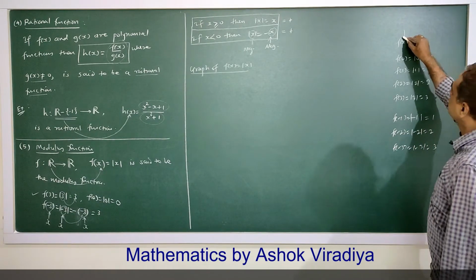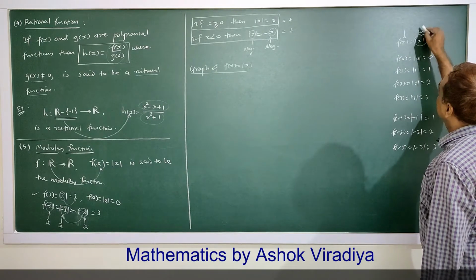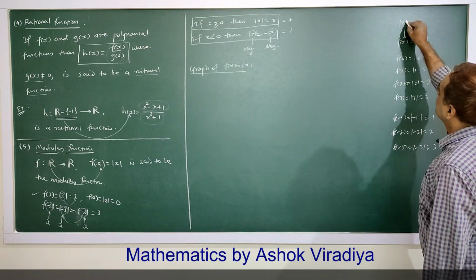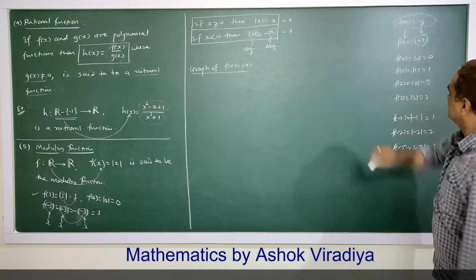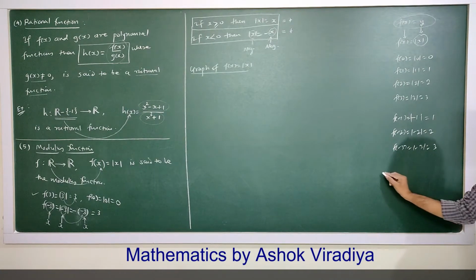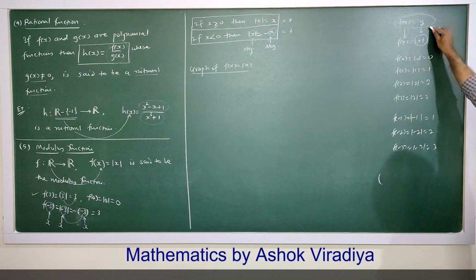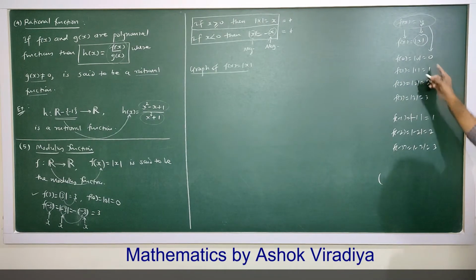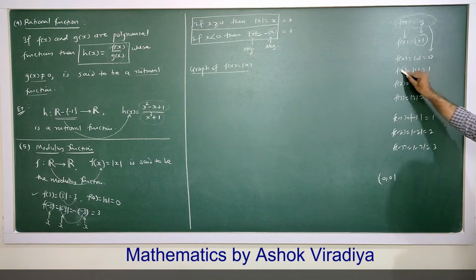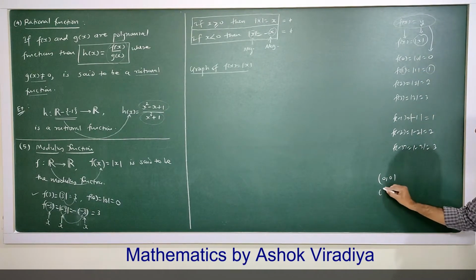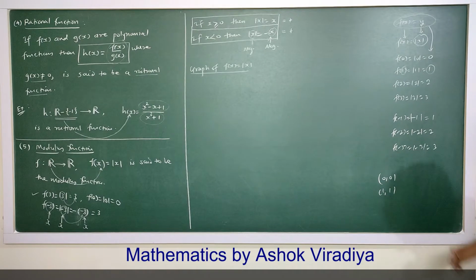This is x, this is y. f(x) equal to y. So x coordinate 0, y coordinate is 0. If x coordinate is 1, y coordinate is 1. Image of 1 is 1.